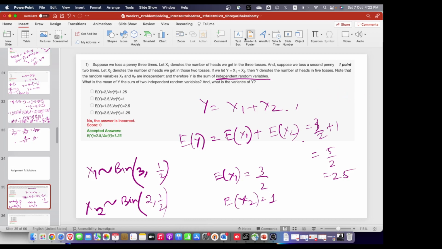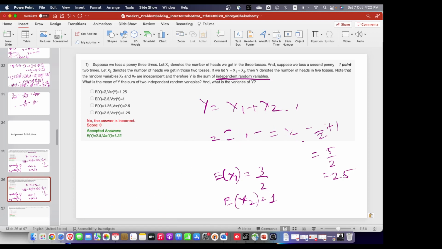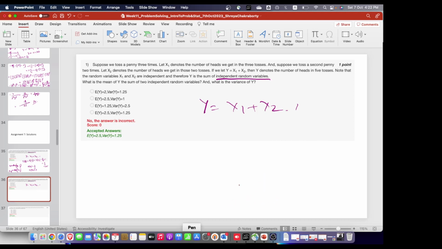Alright, so here we have variance of Y equal to variance of X1 plus variance of X2.